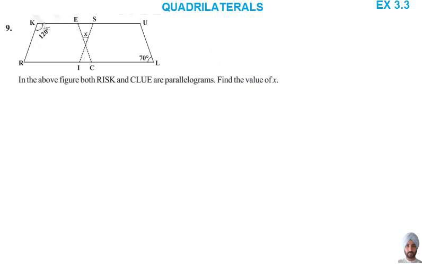See, first of all, let us consider only this parallelogram, RISK. So I am considering this parallelogram. What I can observe from here is that I can easily find this angle.